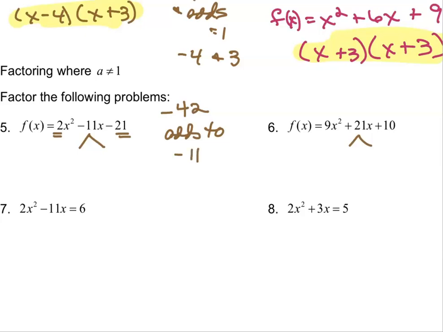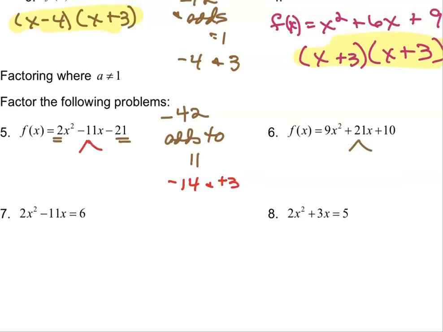Okay, so I want you just to think about that for a second. Okay, so what two numbers do this? It's going to be negative 14 and positive 3. Okay, that will work. So I'm going to decompose.